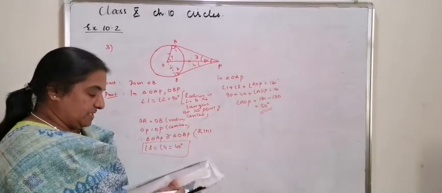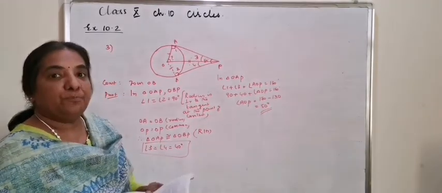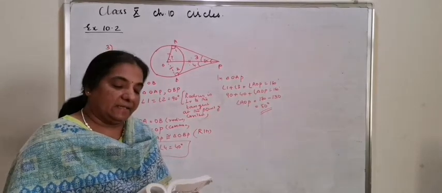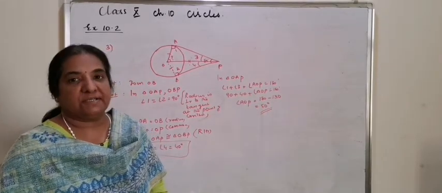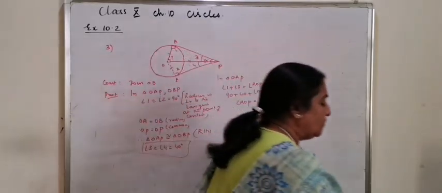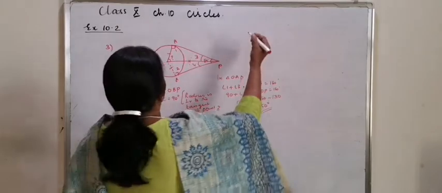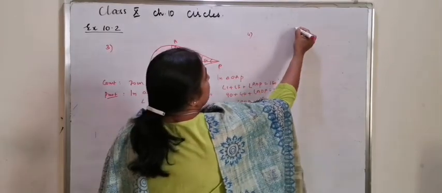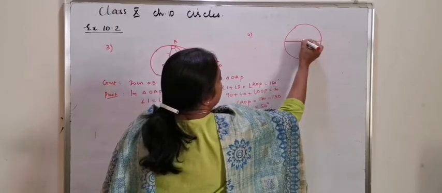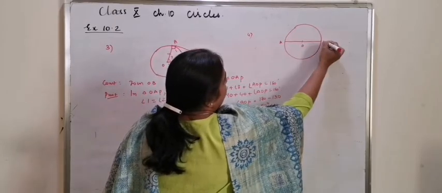And now question number 4. Prove that the tangents drawn at the ends of a diameter of a circle are parallel. The tangents drawn at the ends of the diameter of a circle. That means given a circle, let AB represent the diameter.